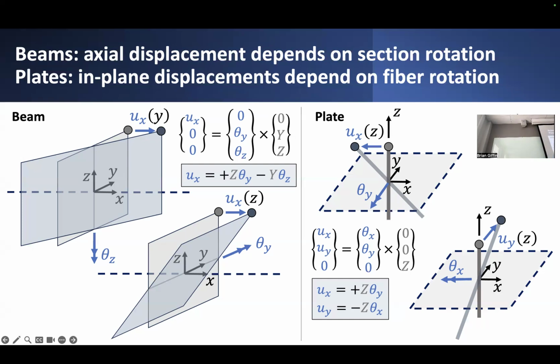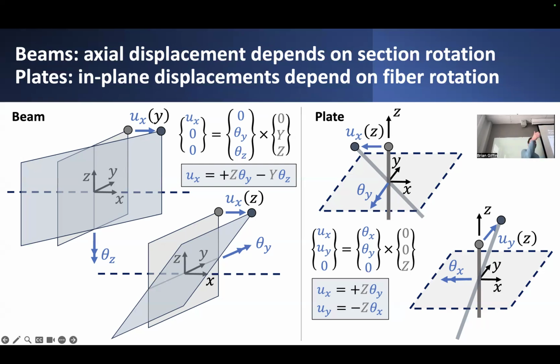If I rotate it about the y-axis, I'll generate a displacement in the x in-plane direction. But if I rotate it about the x-axis, I'll generate a displacement in the in-plane y direction. So there's a weird cross-coupling between rotations about x generating displacements in y and rotations about y generating displacements in the x direction.